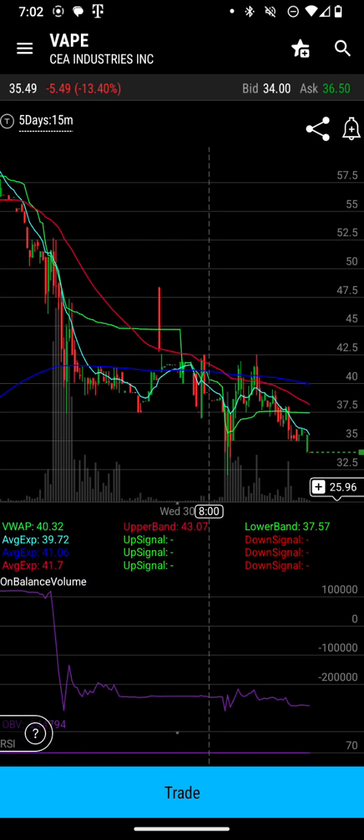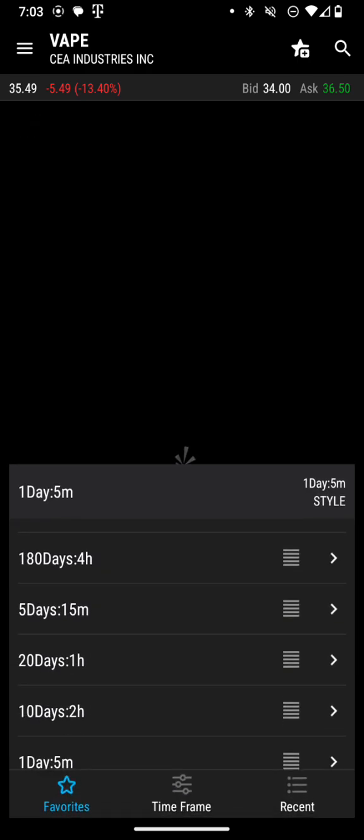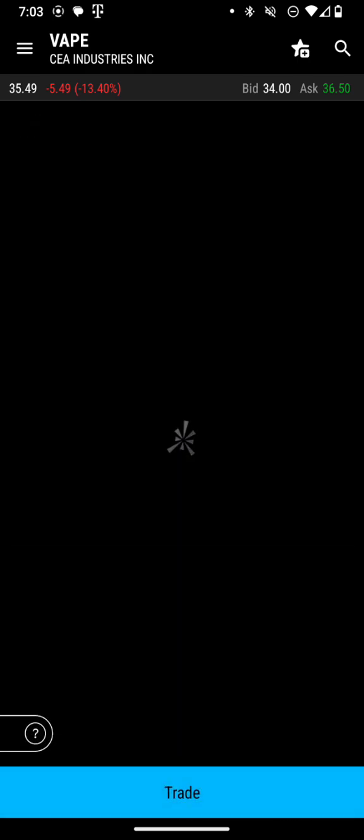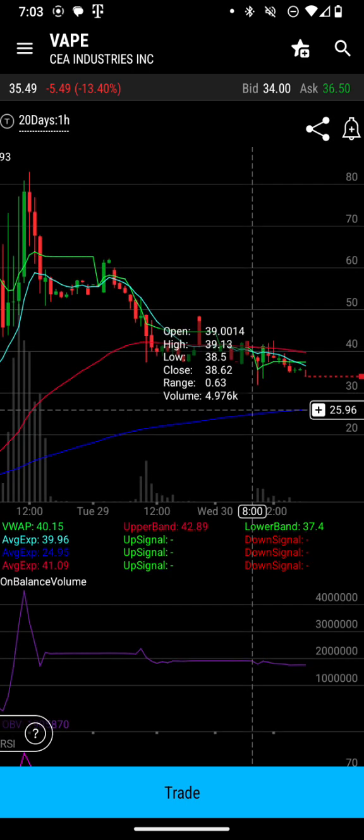The green line there is the VWAP, so it only has to break above 37.50 for the buyers to really get back in and push it back up above 40. But let's see, 32.50. So yeah, you're probably looking at around 25 and some change, guys, on this one.